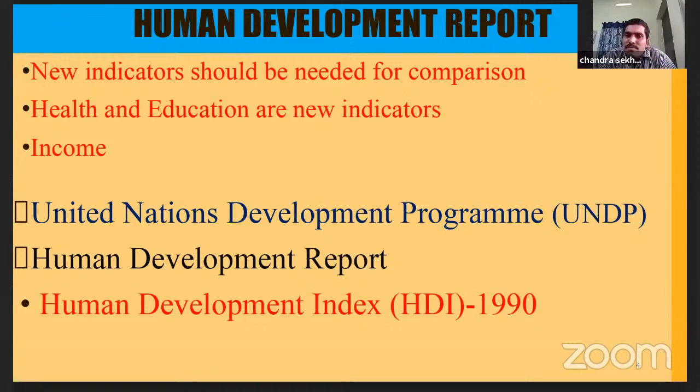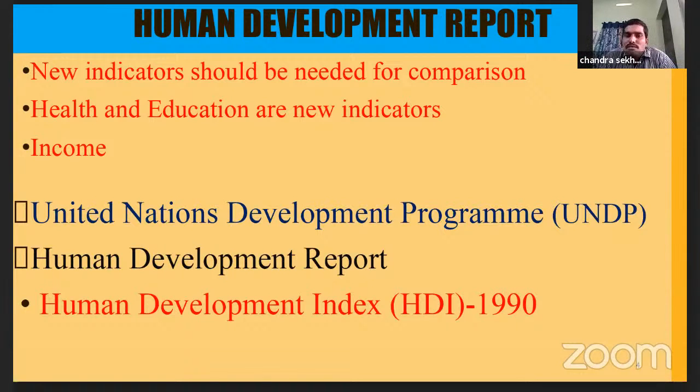UNDP has taken up some more parameters along with per capita income. In this Human Development Report, UNDP included some social indicators. Those are health and education. These are the two new indicators included in the Human Development Report by UNDP.